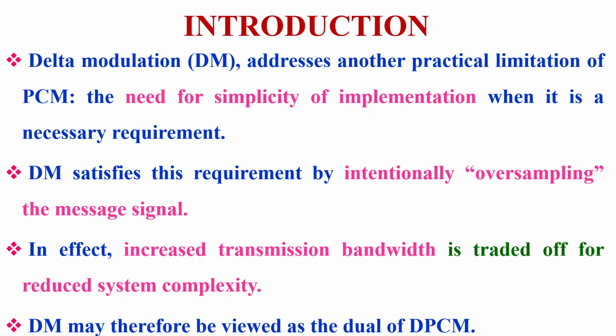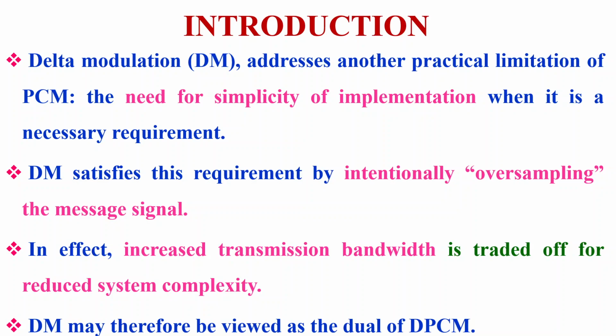Delta modulation can therefore be viewed as the dual of differential pulse code modulation. In PCM we quantize and send the sample itself, so it looks like a conversion from analog to digital.